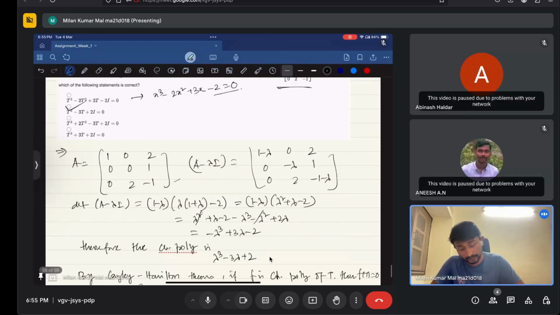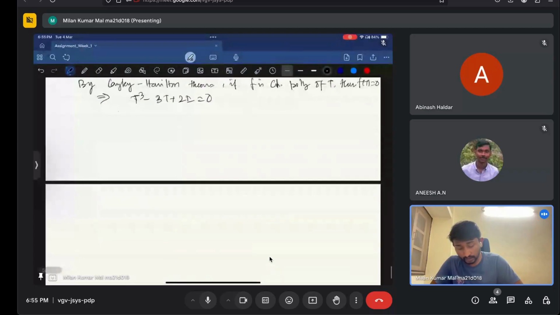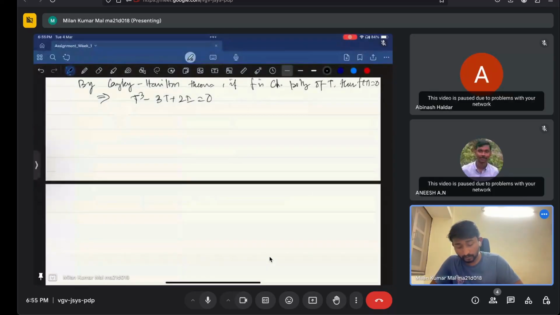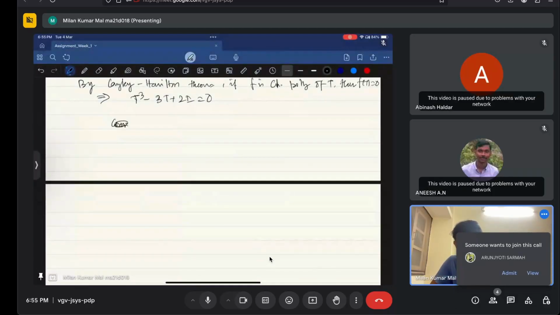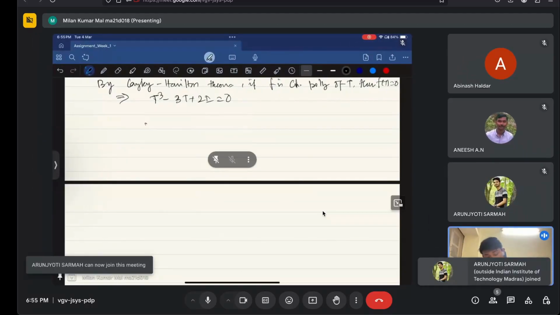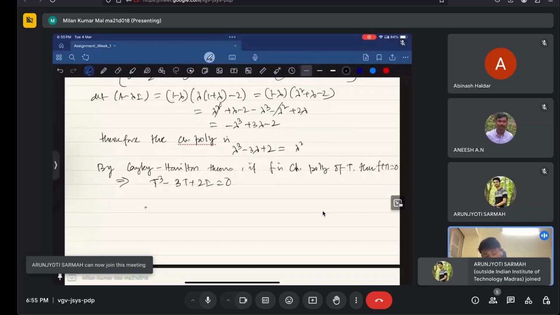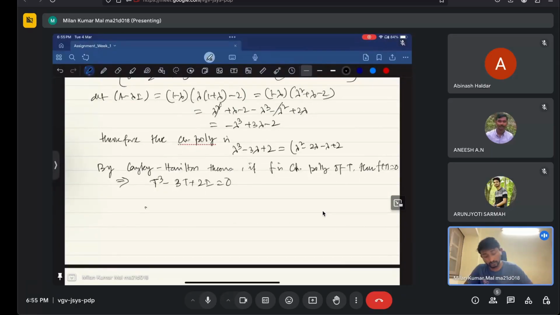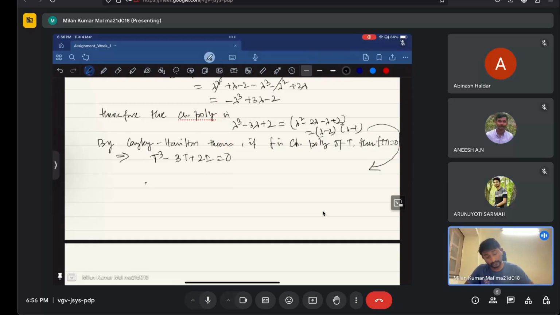Let's now consider factorizing this polynomial. This equals lambda cube minus 2 lambda minus lambda plus 2, so this will be (lambda minus 2) into (lambda minus 1). Therefore from here one can say that lambda equals 2 and lambda equals 1 are eigenvalues.